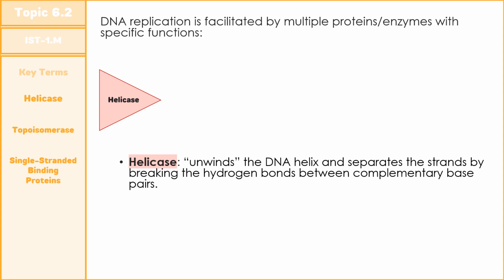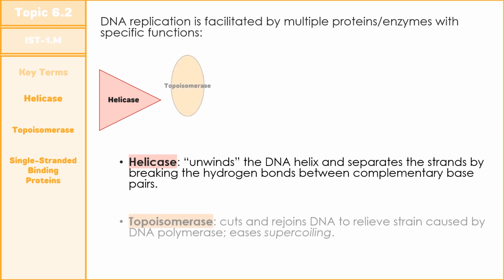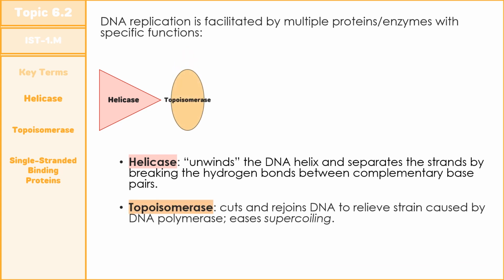In order for our DNA molecule to not completely twist up on itself, or what we call supercoiling, we need an enzyme known as topoisomerase. Topoisomerase will cut a sequence of DNA and then rejoin it prior to leaving, in order to relieve the strain caused by our DNA polymerase molecule.